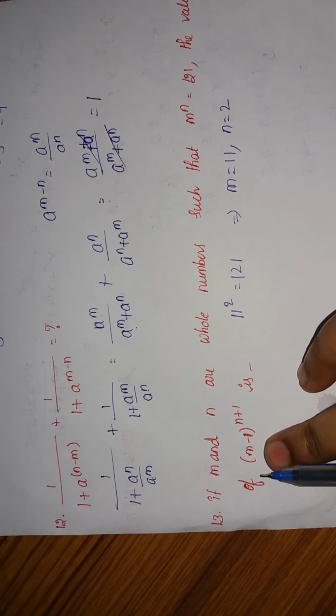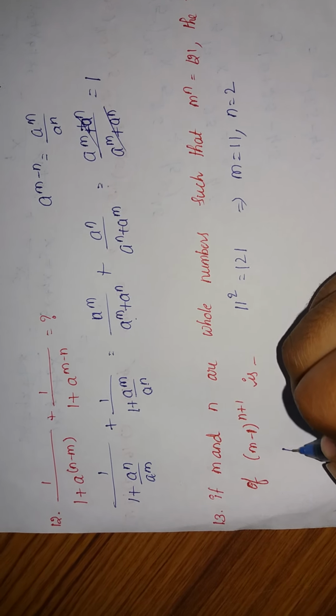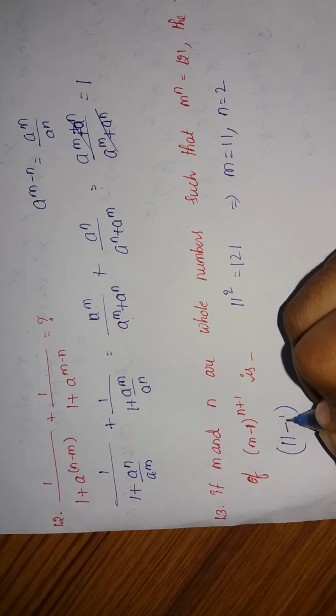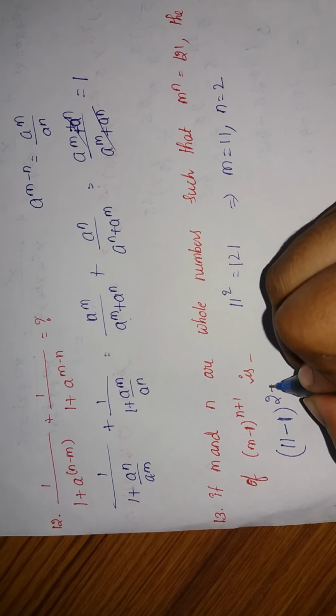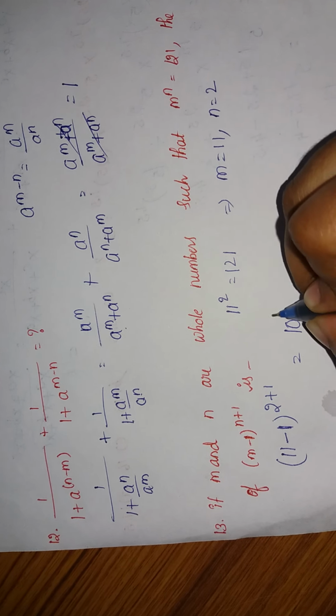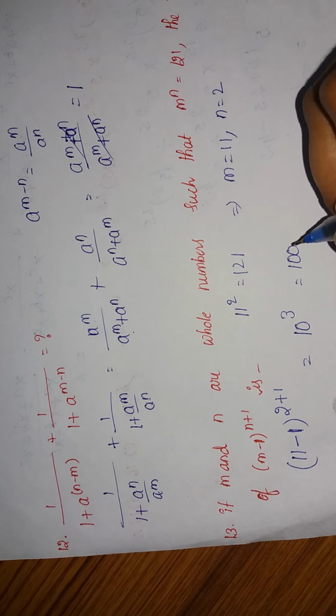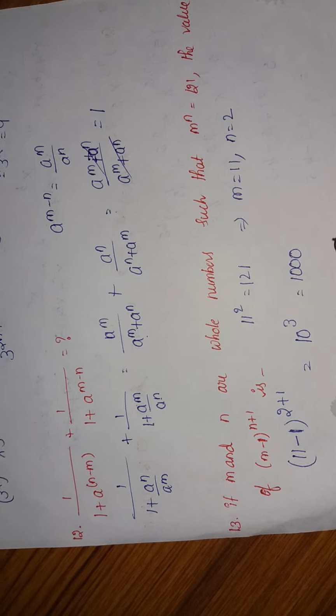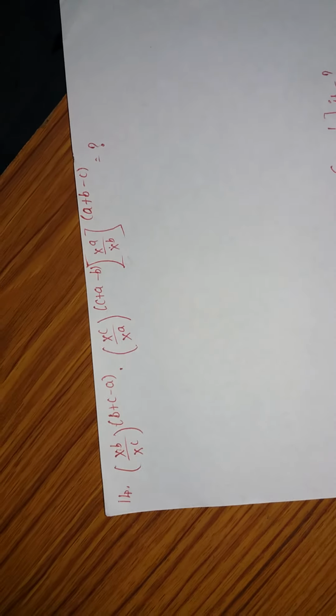So we have to find m minus 1 whole power n plus 1. m means 11 minus 1 whole power, n value is 2 plus 1. That is 10 cube. 10 cube means 1000. 1000 is the answer for this question. So let us move to the next, 14th question.